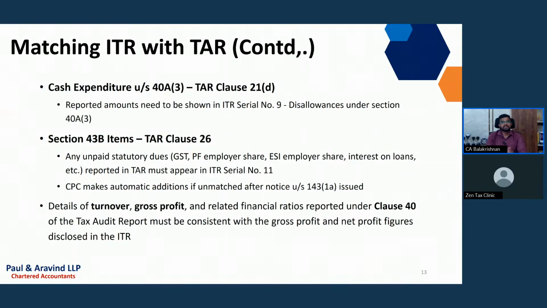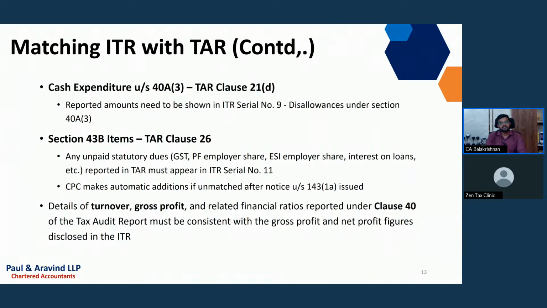And details of turnover. This is the most crucial clause in the tax audit report. In clause 40, the tax auditor needs to report gross profit, total turnover, net profit, and the stock turnover ratio also needs to be reported. This must be matched with the ITR. In the ITR, we have the manufacturing and trading account, profit and loss account, and balance sheet.